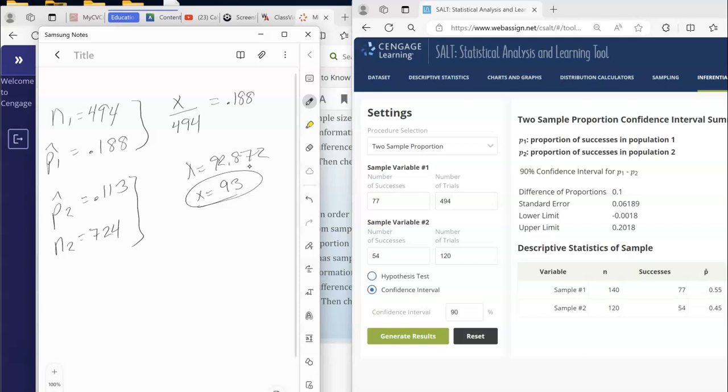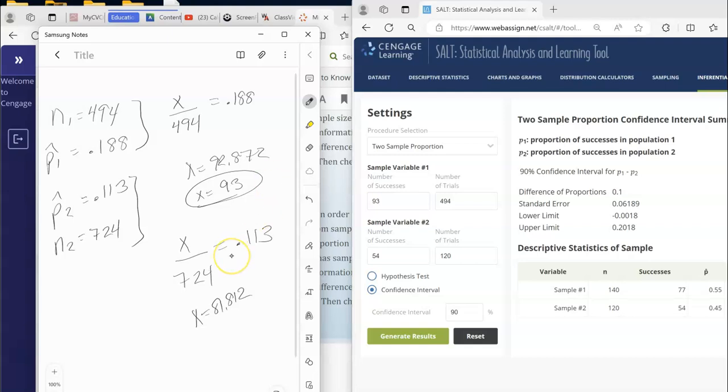And then we're going to have to do the same kind of thing here. So we're going to set up a proportion. x over 724 is equal to 0.113. To get x by itself, we're going to take 0.113, multiply it by 724, and we're going to get 81.812.